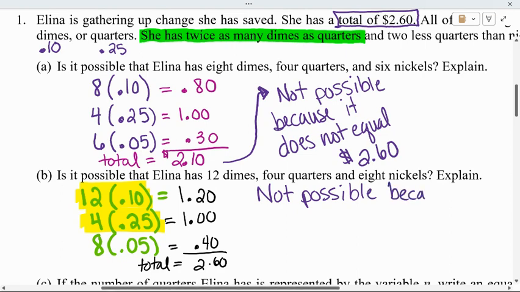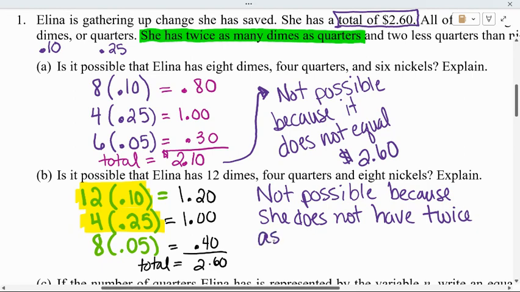because this is for a different reason. It totals up to the right amount, but she does not have twice as many dimes as quarters.